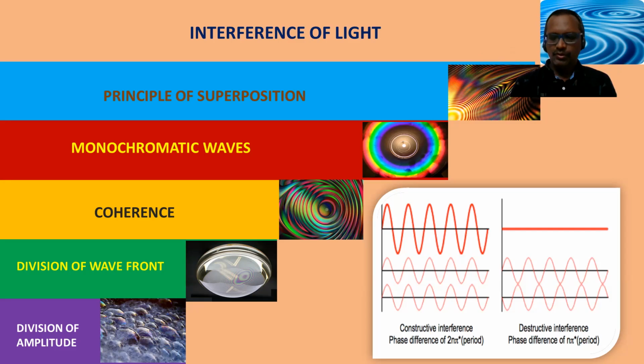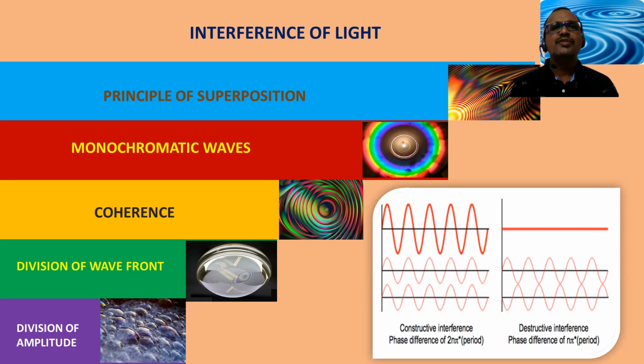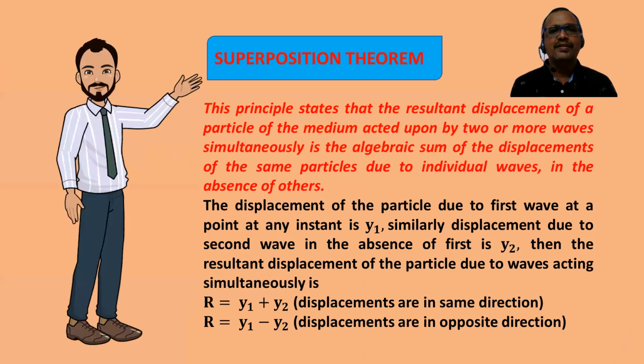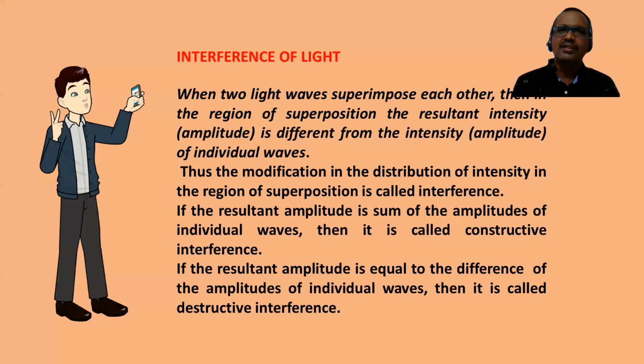So, in the present class, what we have learned is what is meant by the superposition principle, what are the consequences of superposition of two waves under different conditions, and what is meant by interference, constructive interference and destructive interference.